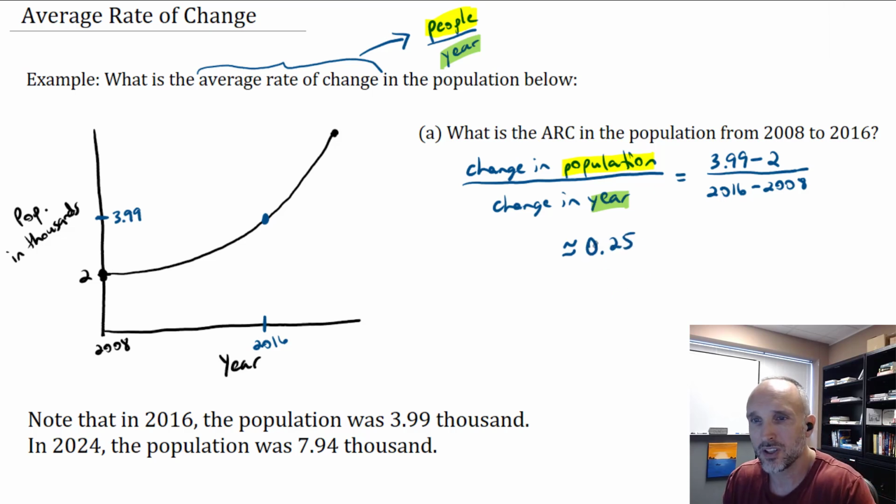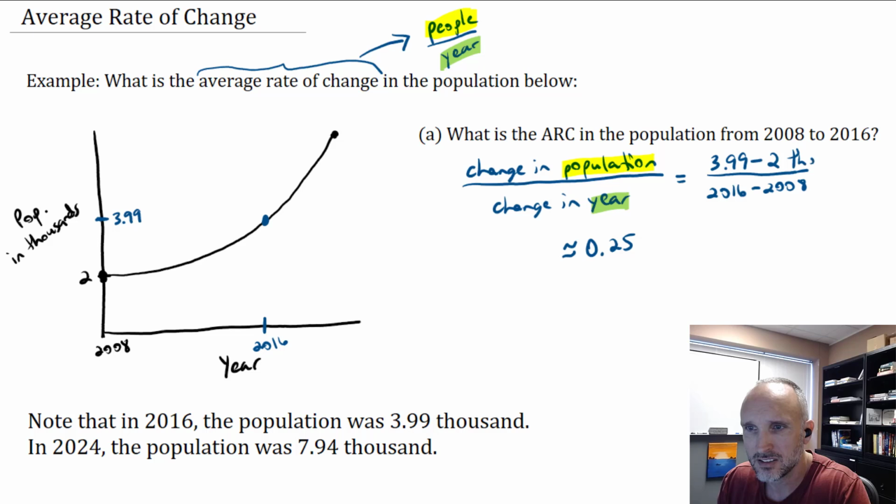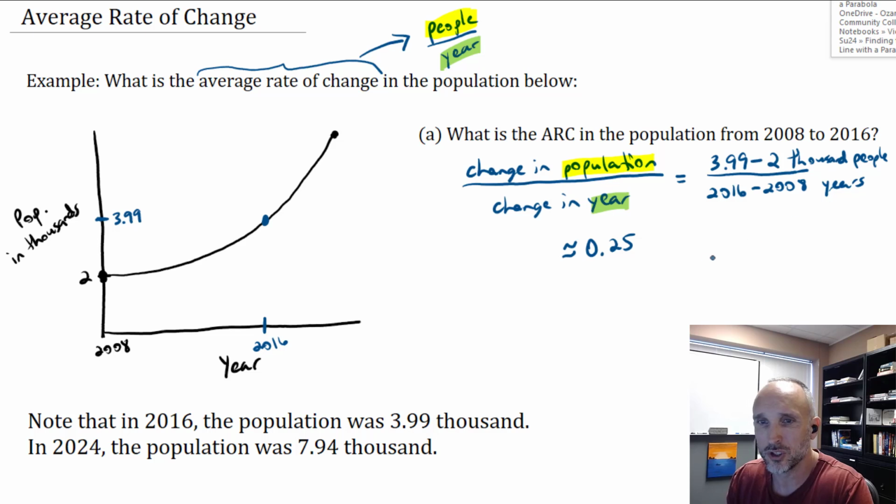0.25. So we want to think about what this means. Now, the numerator was thousands of people, right? So the numerator up here is 1,000 people. And the denominator is years. So our unit here would be 0.25 thousand people per year.